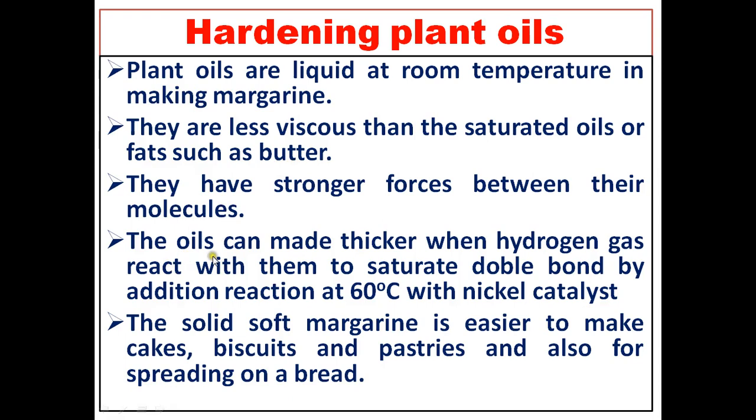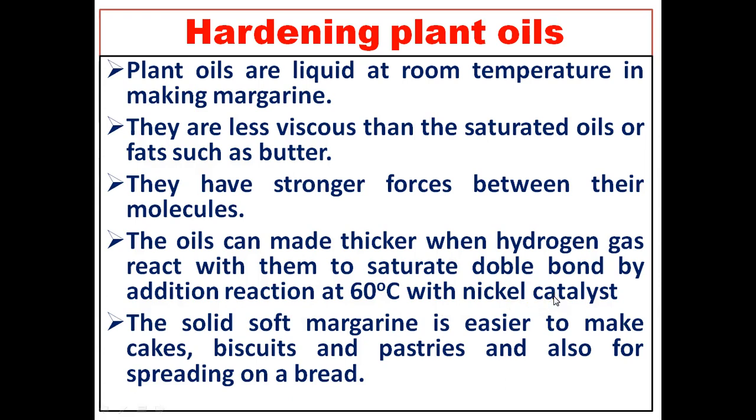The oils can be made thicker when hydrogen gas reacts with them to saturate the double bonds by an addition reaction at 60 degrees Celsius, with nickel as a catalyst.